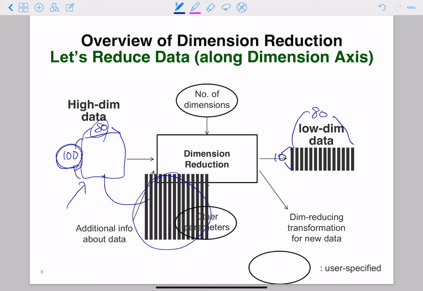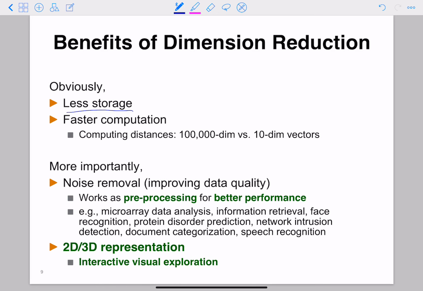Rather than using 100-dimensional vectors, 10-dimensional vectors will be much faster. For example, in the case of Euclidean distance computation, the amount of computation will be proportional to the number of dimensions.